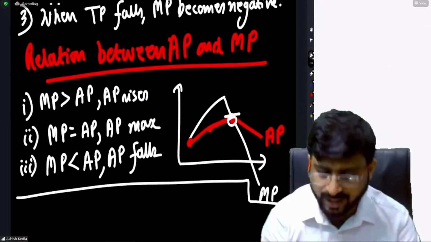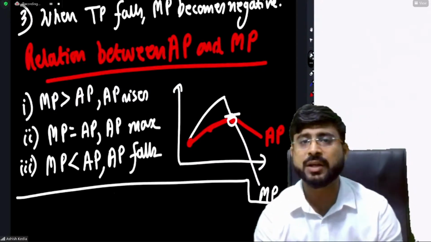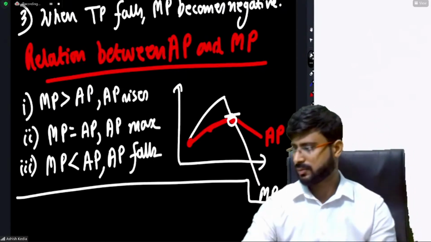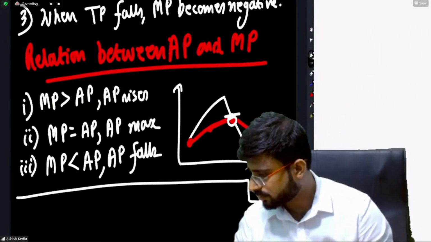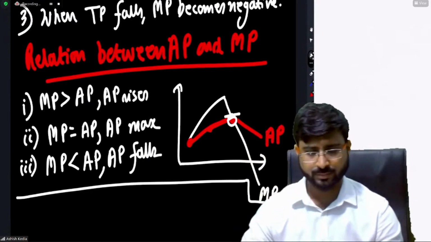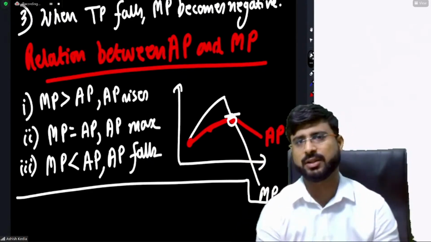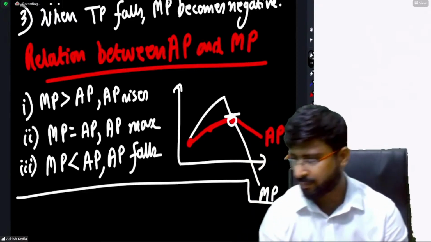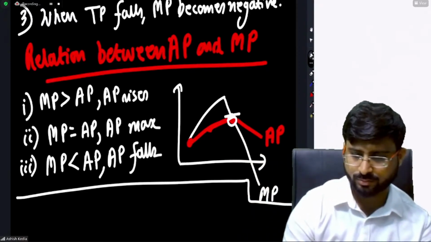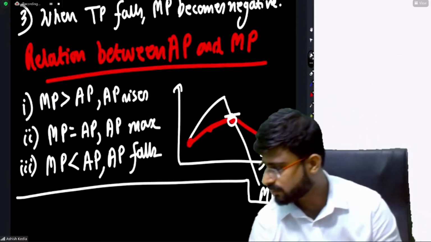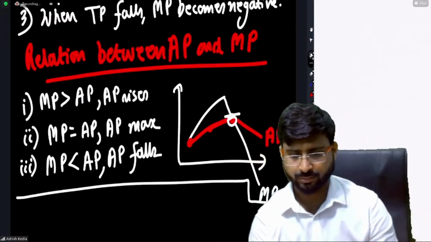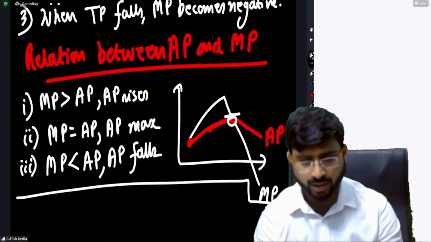When MP is less than AP, then what happens to AP? AP falls. Did you understand this, everyone? Okay, very good.